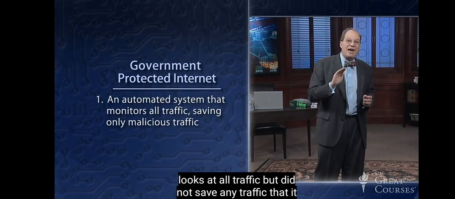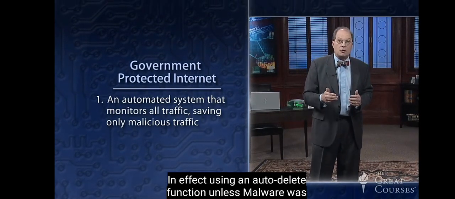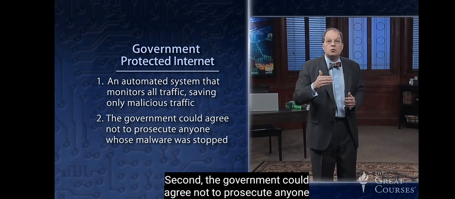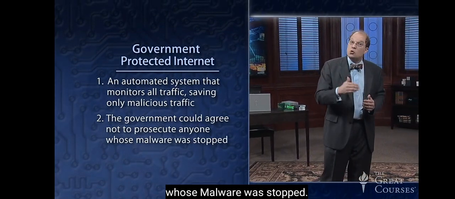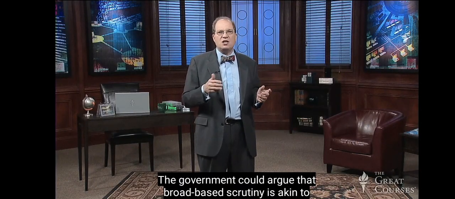Second, the government could agree not to prosecute anyone whose malware was stopped. The government could argue that broad-based scrutiny is akin to a sobriety checkpoint on the highway. That is, a necessary special needs administrative inspection that is acceptable precisely because of the harm it averts.